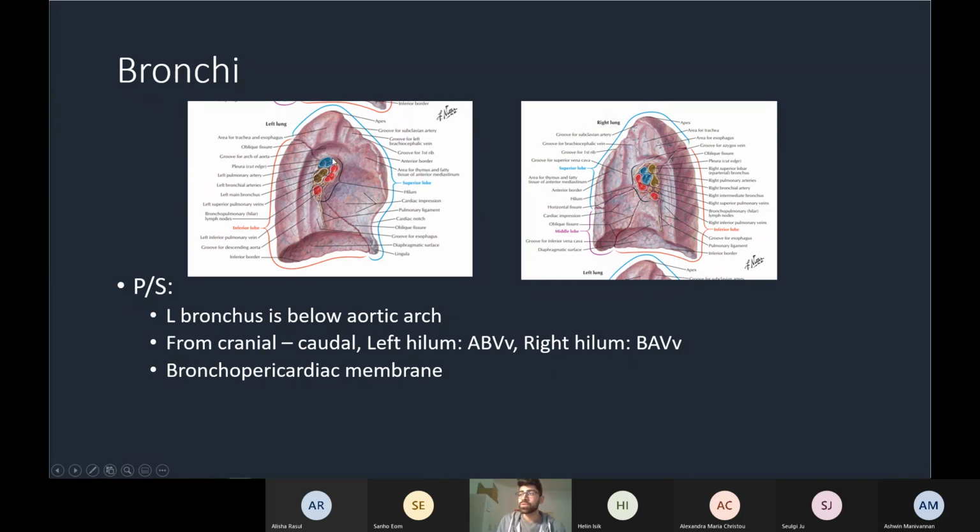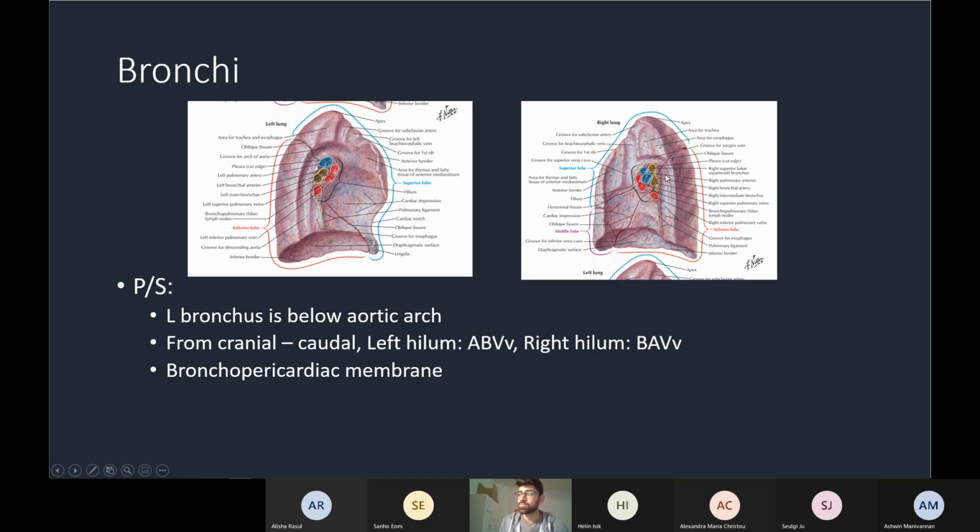In the left lung, the cranial-most structure is the pulmonary artery. Then we have the bronchus, which is here. And then the caudal-most structures are, I guess this is quite inconsistent, but just learn it as A, B, and V. V for pulmonary veins.